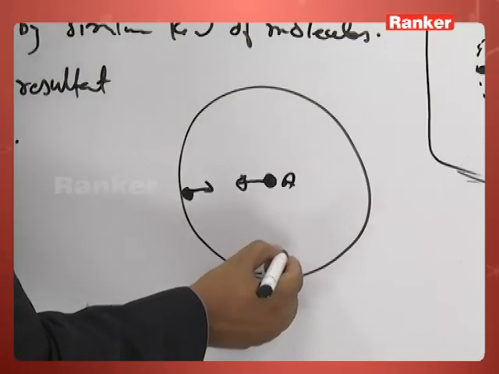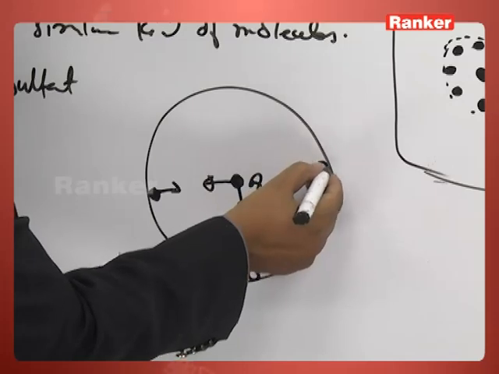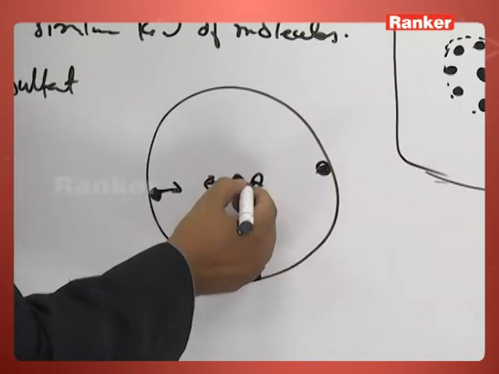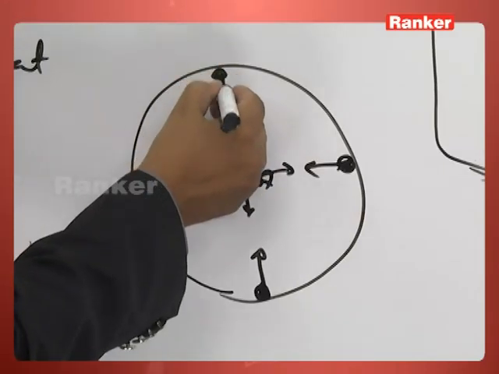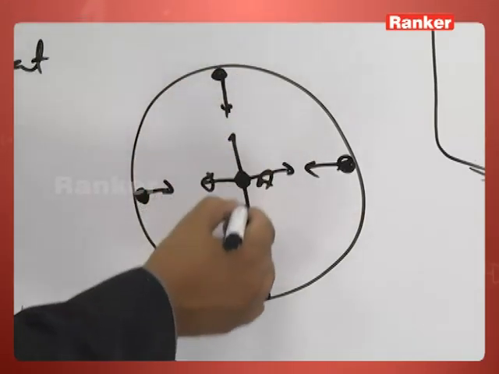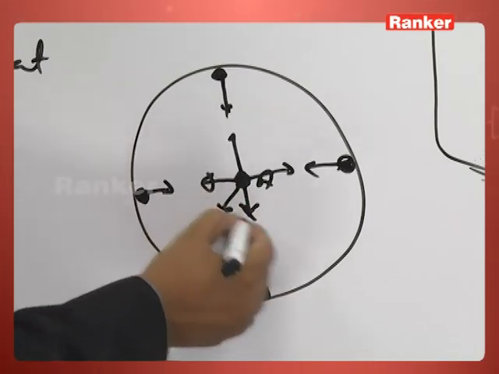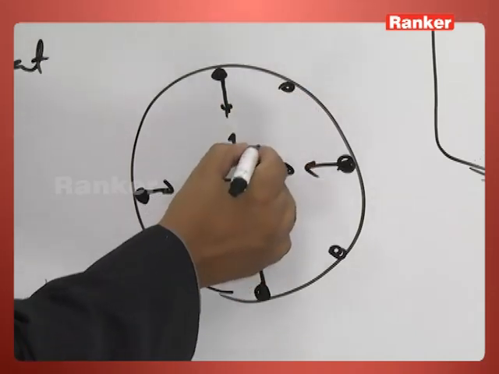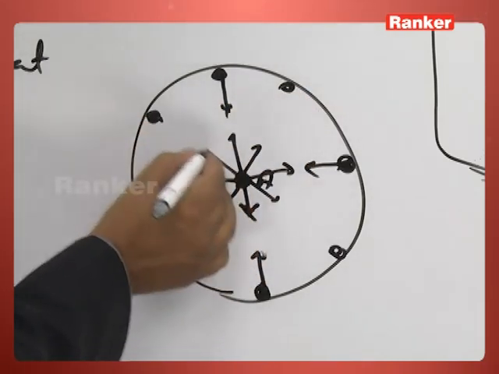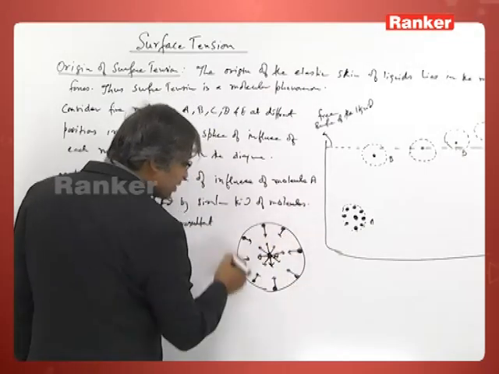This molecule pulls this molecule and this molecule pulls this. So, this molecule pulls A here, it also pulls here, it is pulling here. So, you see you always get force balance. So, there is no net force on the molecule from outside.